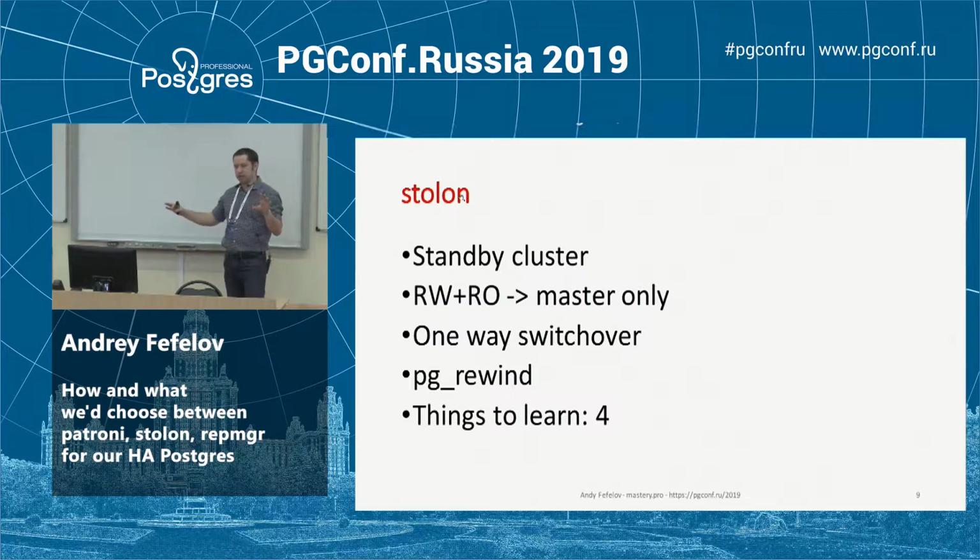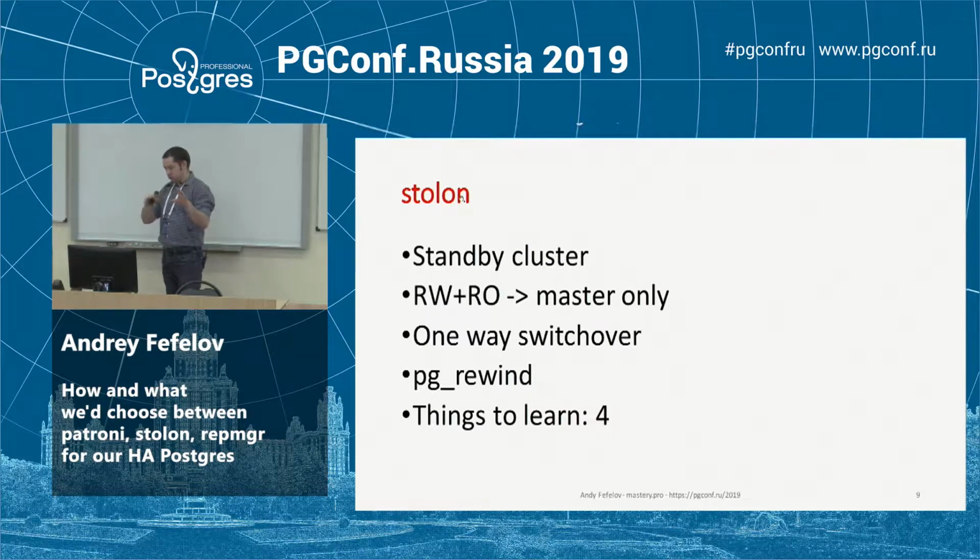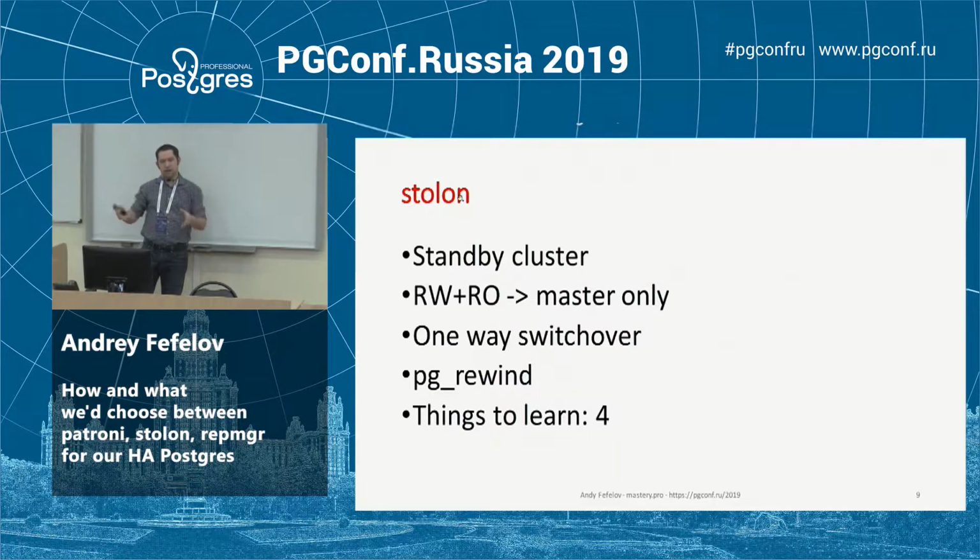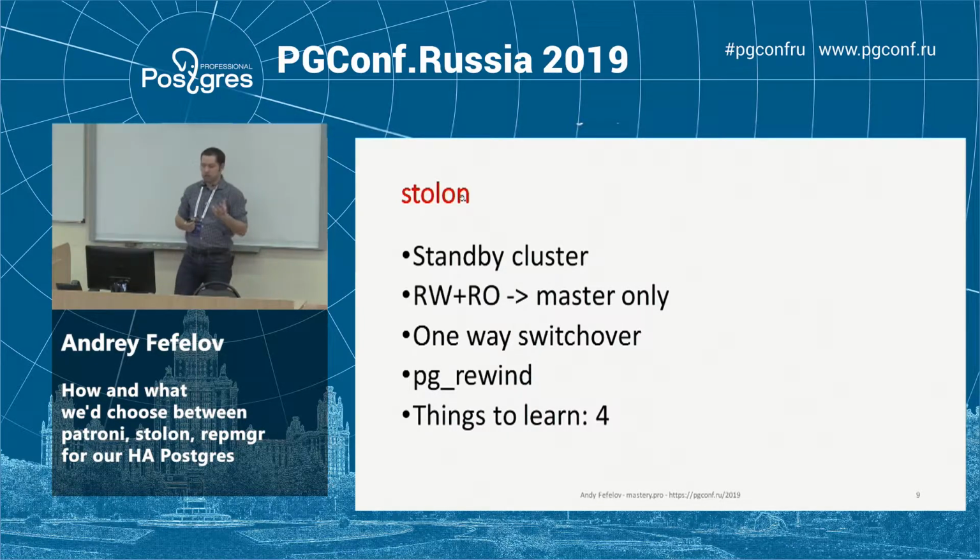This is the master. You deploy the cluster with the help of Stolon. It becomes the replica for your current and only server. When you make sure that your cluster is full and you've played with it, you switch, and from a standby cluster it becomes a normal one.